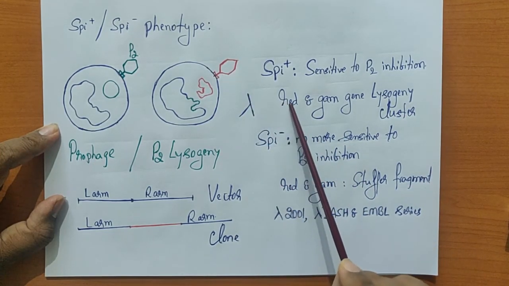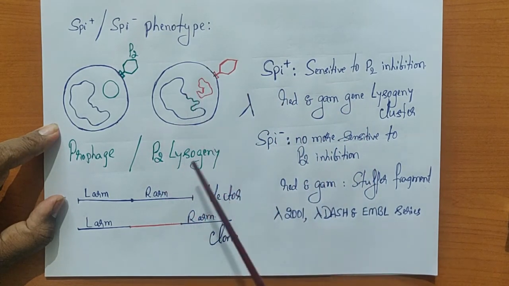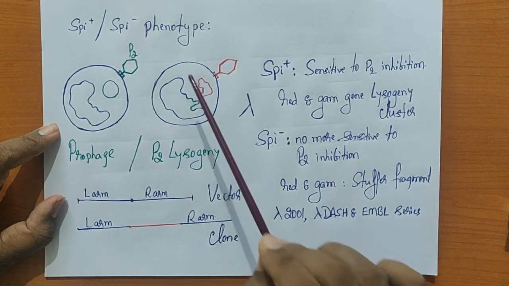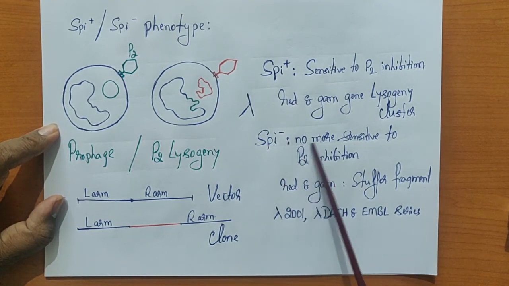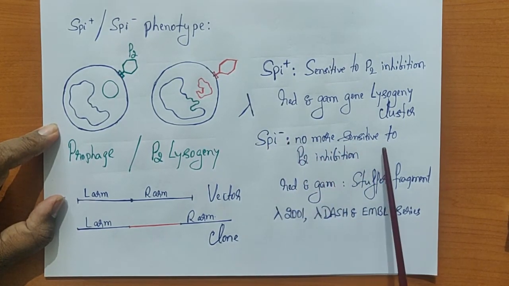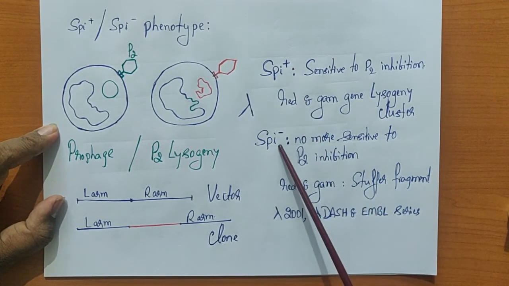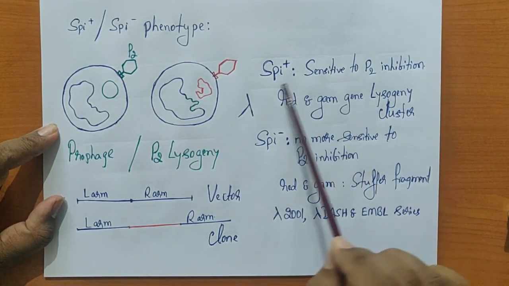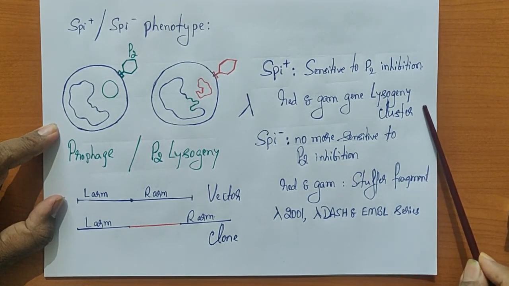In the absence of RED and GAM, the lambda DNA will infect the P2 lysogeny host into the lytic cycle. That phenotype is called SPI minus, meaning no more sensitive to P2 inhibition. So between the SPI plus and SPI minus phenotypes, the critical element involved is the RED and GAM gene, which is present in the lysogeny cluster of lambda DNA.